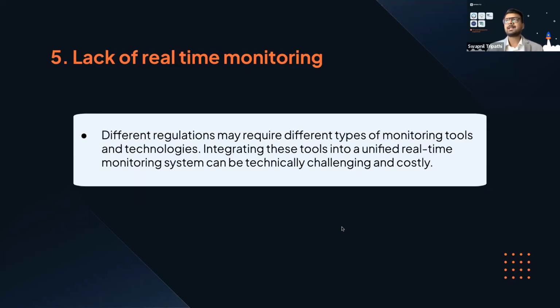And the last one is lack of real-time monitoring, something which is coming up nowadays. As humans, we have a tendency of, once we have completed the compliance, once we have got certified, we think about getting the next audit only next year, so right before the audit, 2 months before the audit. And then we realize that there was an evidence required which is not there because there was nobody intimating you that this particular activity is not getting done.